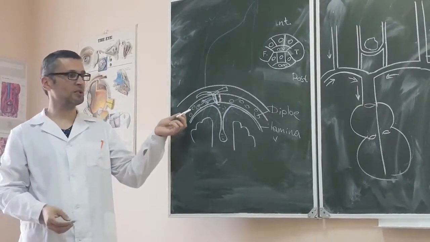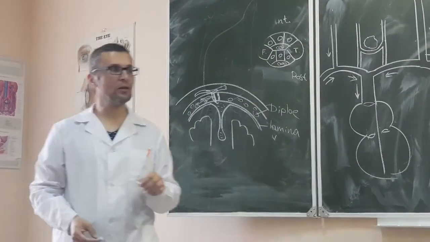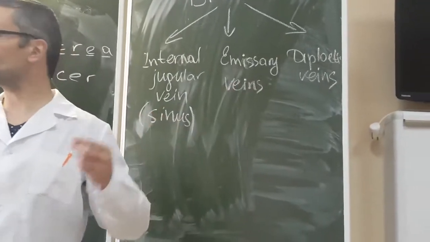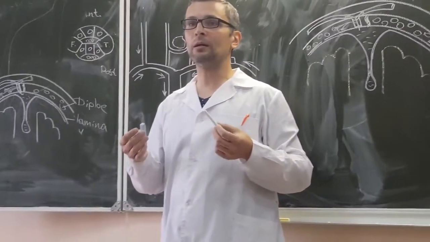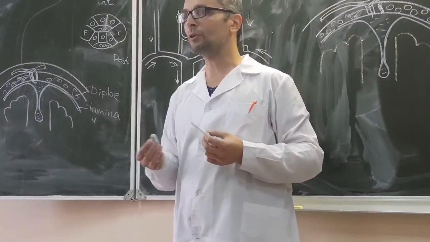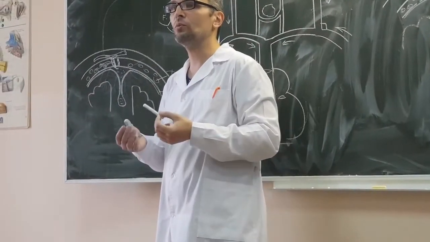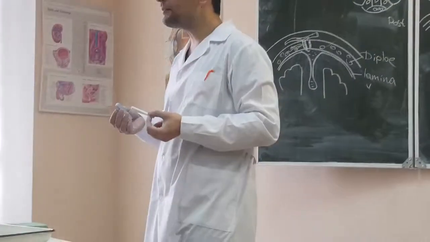And now these diploic spaces, which in the norm contain air, are transformed into diploic veins. And you know that this air, which is present in the diploe, makes our head lighter. But when these spaces are filled by blood, what will be? The patient will feel heaviness of the head.